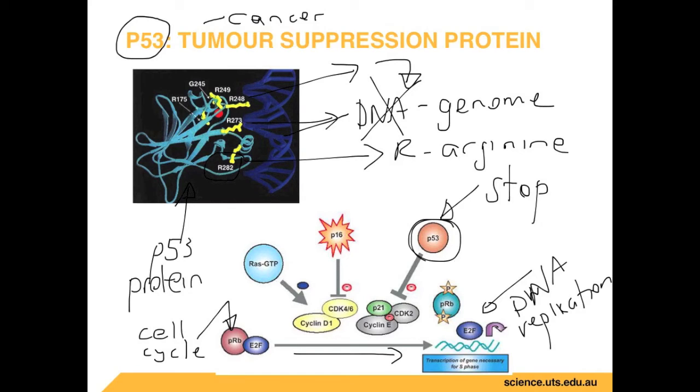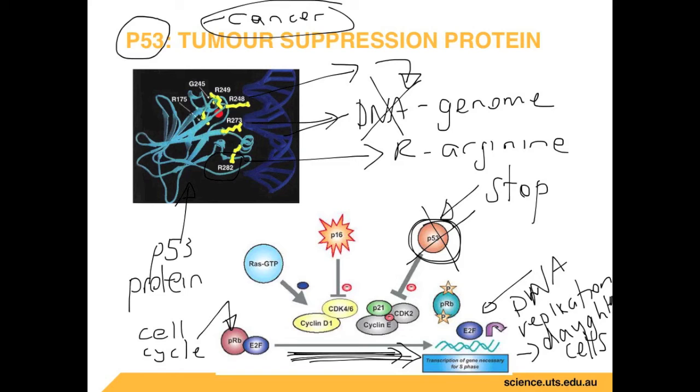If P53 doesn't work, the cell cycle can continue and therefore mutations may be carried to daughter cells. The build-up of mutations, errors in DNA, is associated with the development of cancer.